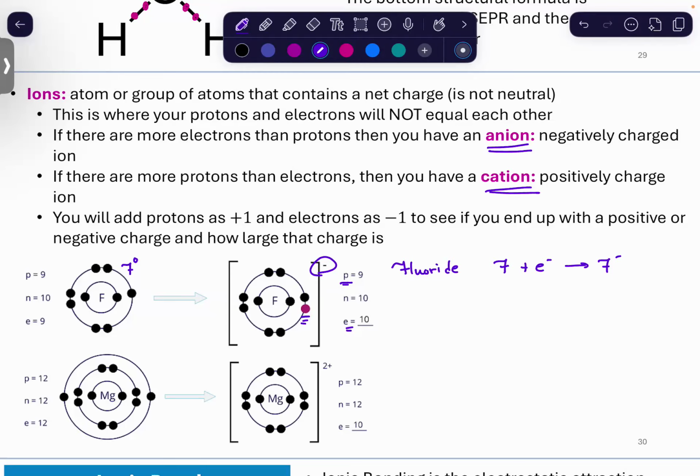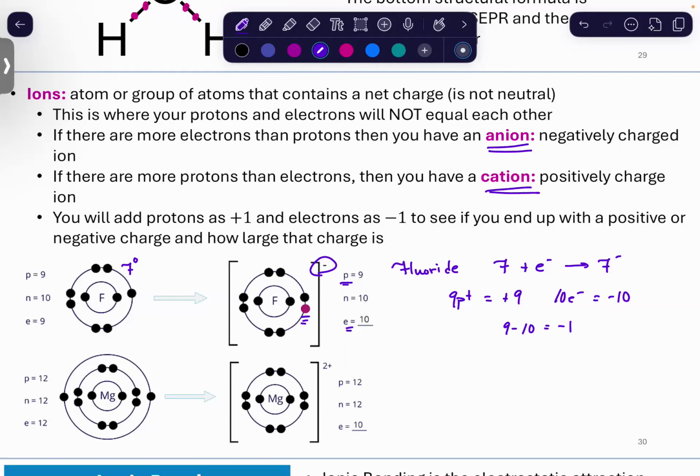There are 9 protons, that's +9, so that's 9 times a +1. And then there are 10 electrons. When you have a -1 10 times, you get a -10. So the overall charge of the ion, 9 minus 10, is a -1.